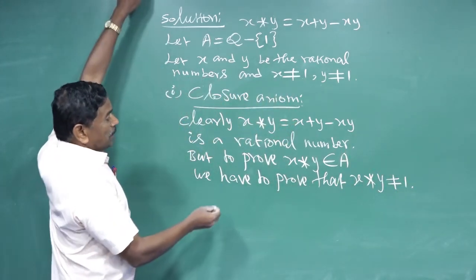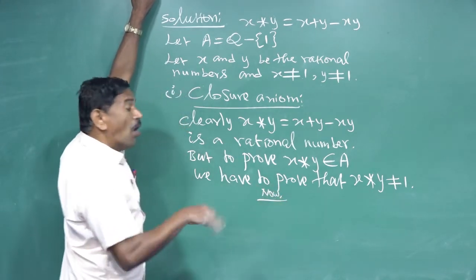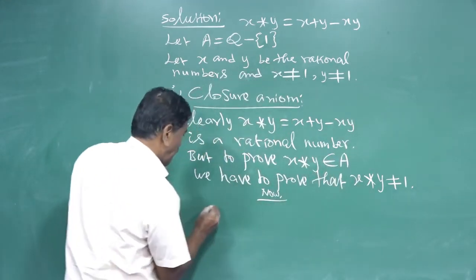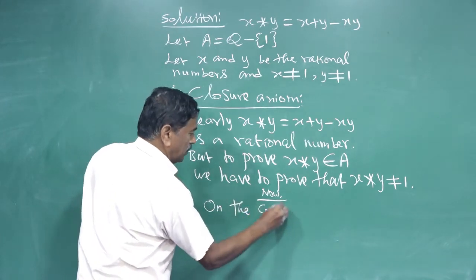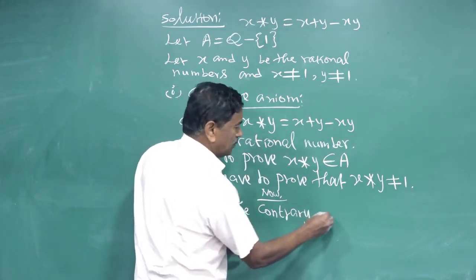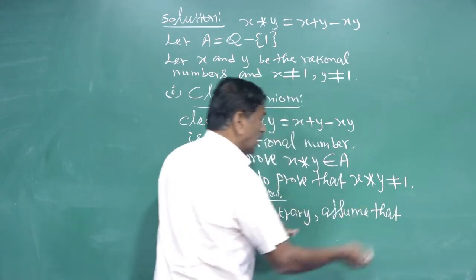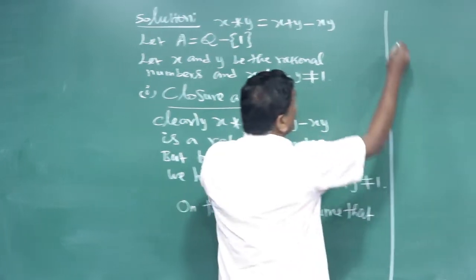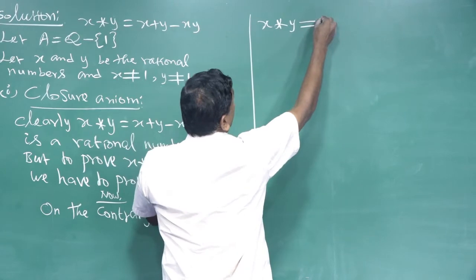Now, on the contrary, listen carefully, assume that x star y is equal to 1.